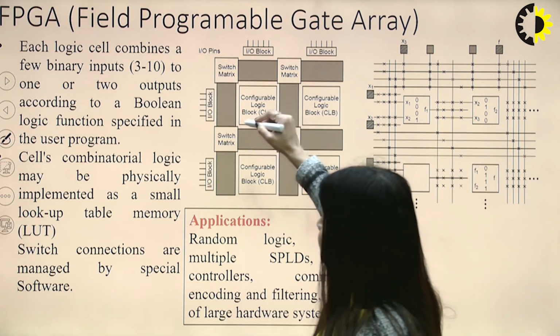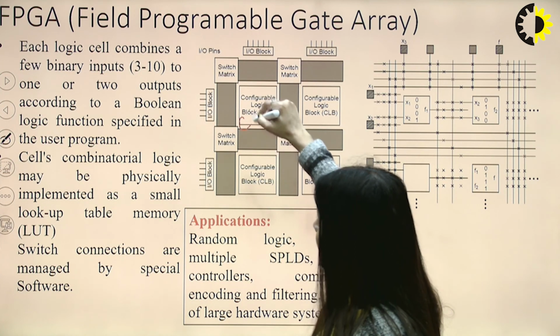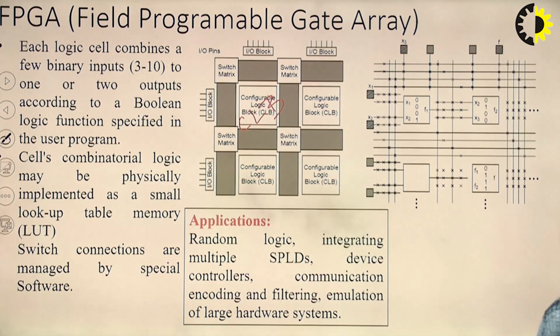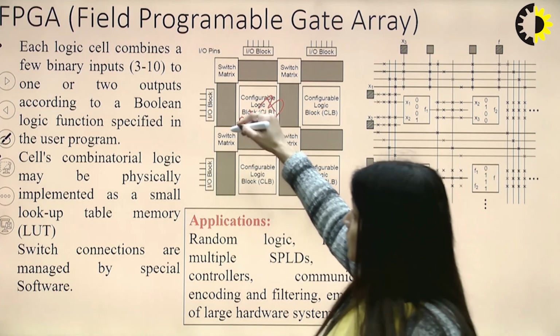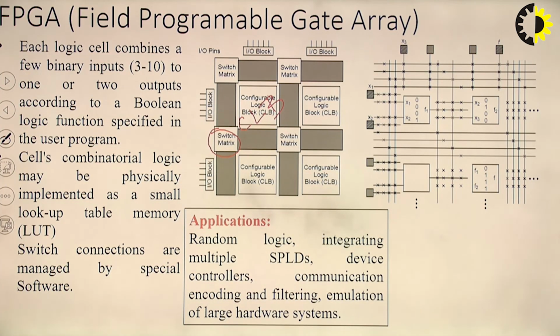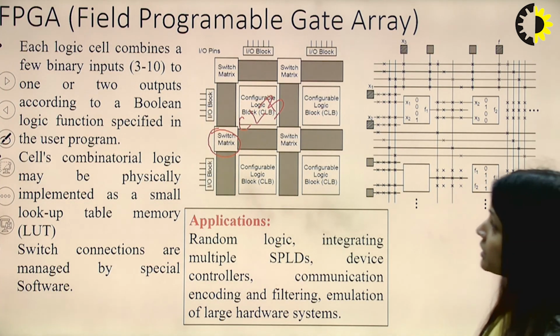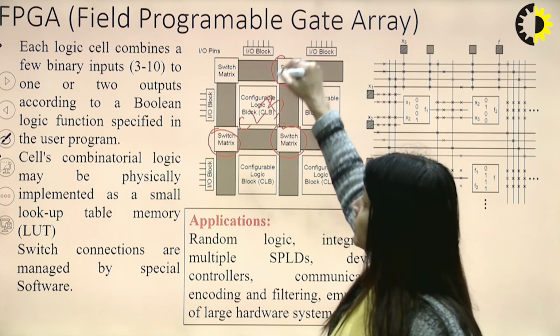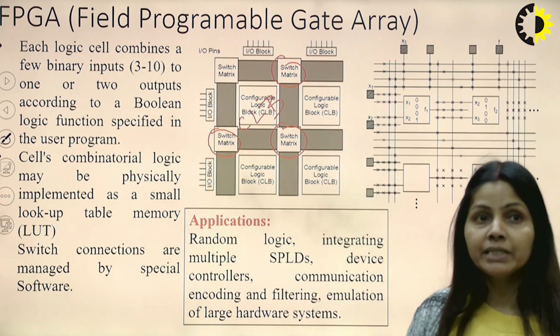Each logic block is known as a CLB, that is, a configurable logic block, and these are known as switch matrices, which are repeated to provide interconnections between the CLBs.